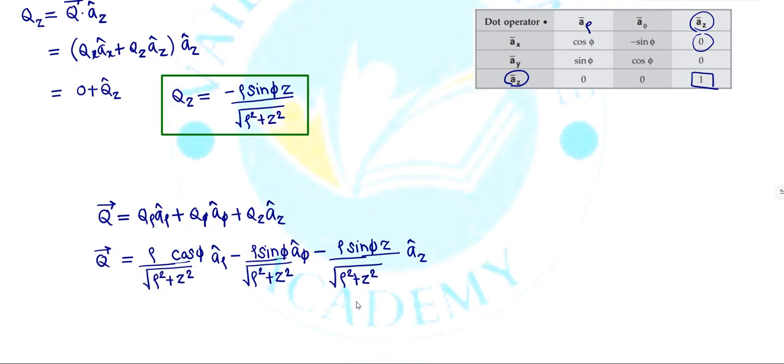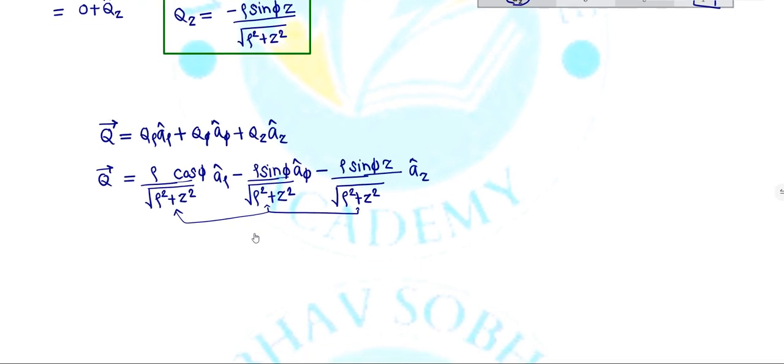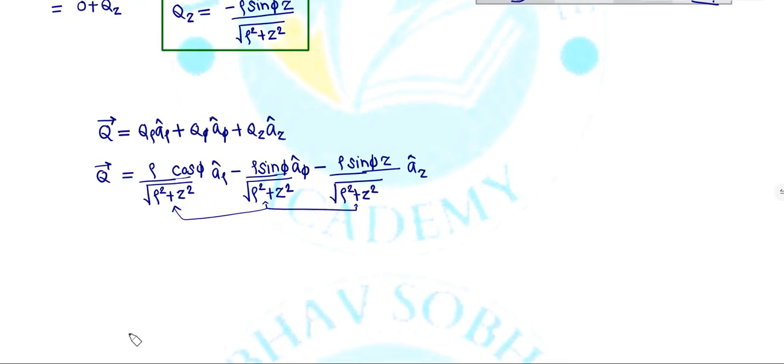Now, if you carefully observe for your this given vector q in its cylindrical form, you will find that this rho divided by square root of rho square plus z square is common everywhere, isn't it? Over these places. So we are going to rewrite this vector q by separating that one, so that we will have the final answer.